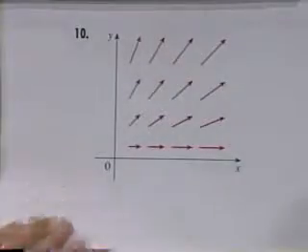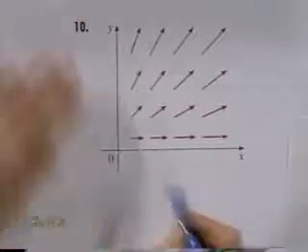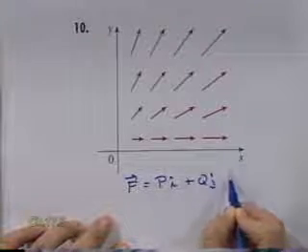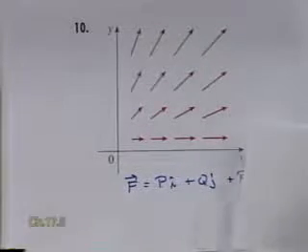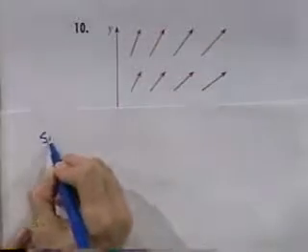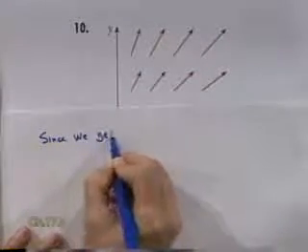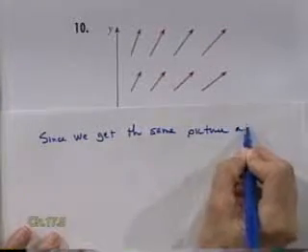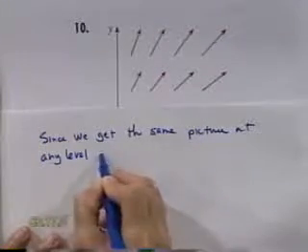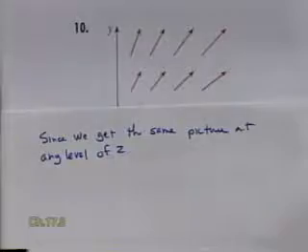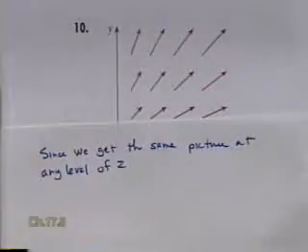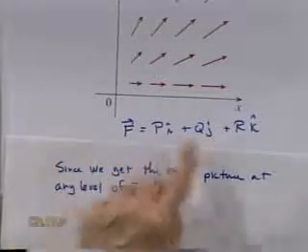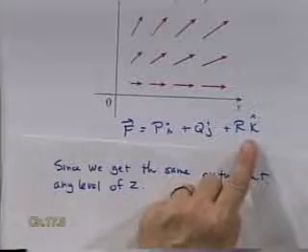Now, before I start putting in, notice with this, we have f equal to pi plus qj plus rk. All right, now notice, since we get the same picture at any level of z, that means the vector's not changing as I change z, which means the x component's not changing, the y component's not changing, and the z component's not changing.